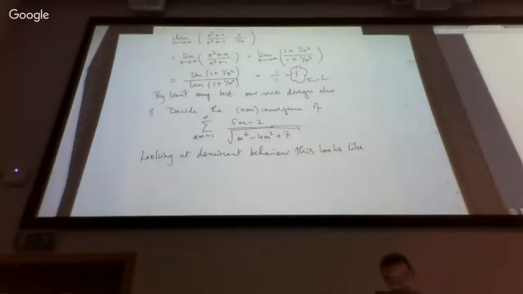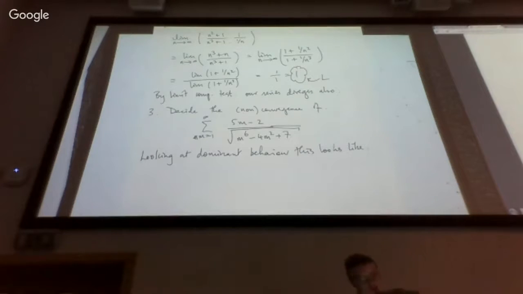in vague terms, as m gets really, really large, the top is acting like 5m. The factor subtracting 2 becomes insignificant when you get really large. And the bottom is looking like the square root of m to the power 6. The minus 4m squared and plus 7 become less and less significant as m gets larger and larger. And of course, the square root of m to the power 6 would be m cubed.